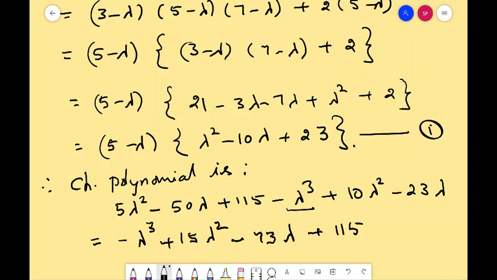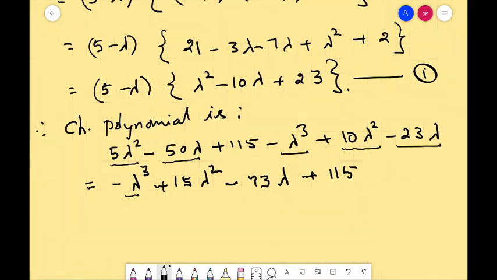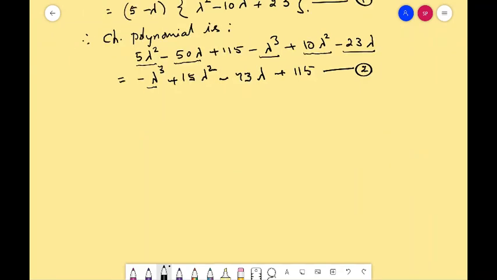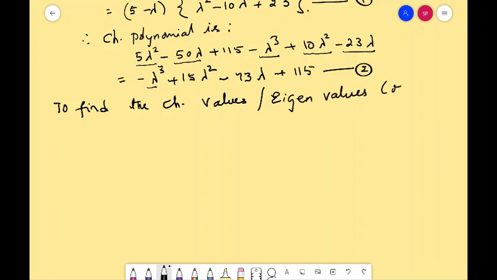So this is minus lambda cube and then 10 lambda square plus 5 lambda square, 15 lambda square, and minus 50 lambda minus 23 lambda, minus 73 lambda plus 115. This is the characteristic polynomial, call it 2. Now to find the characteristic values, or I can say they are called eigenvalues, and it is specially asked as real eigenvalues of A. So what are characteristic values or eigenvalues?